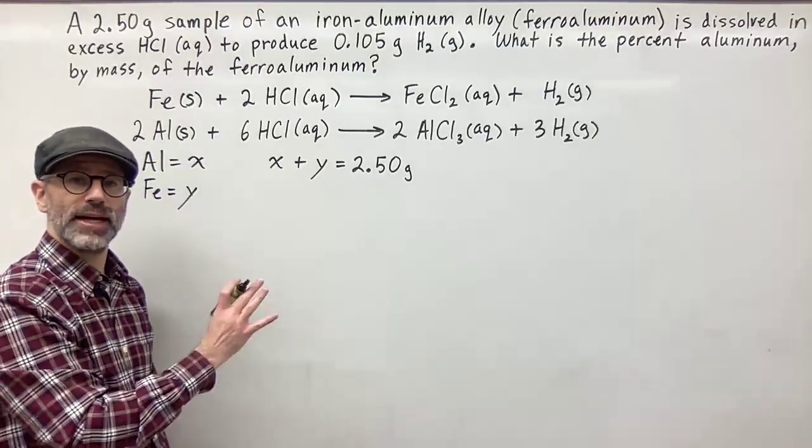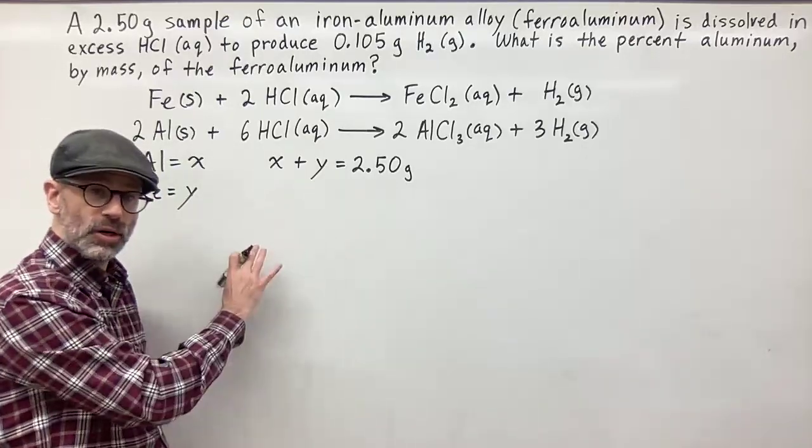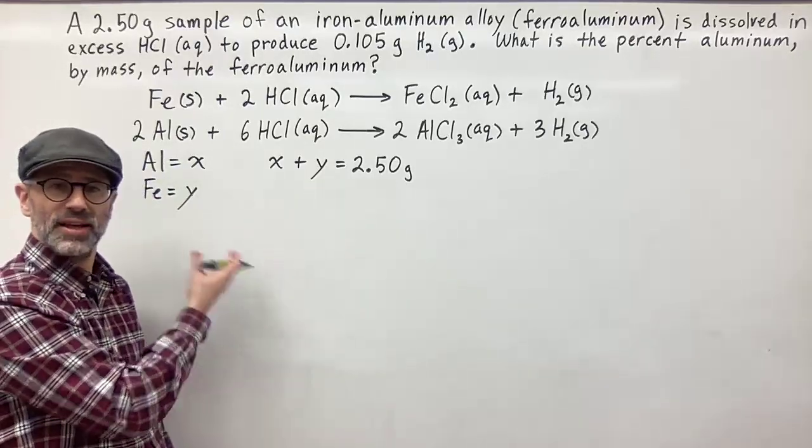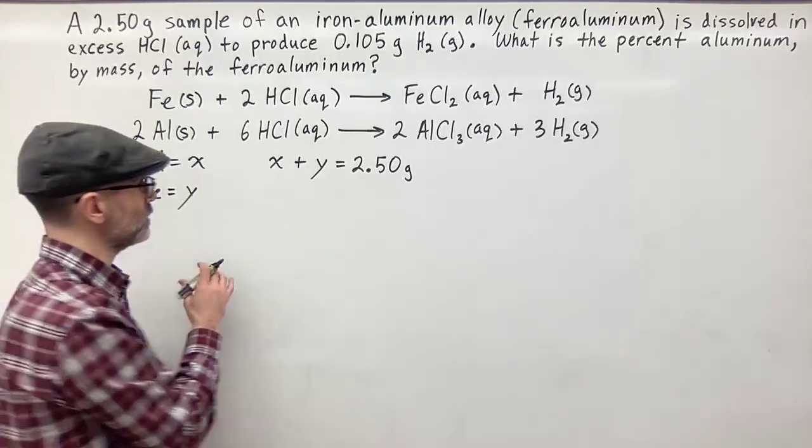The steps in stoichiometry are going to be the same, except instead of starting with some number of a substance, I'm going to start with an unknown amount of that substance, right?